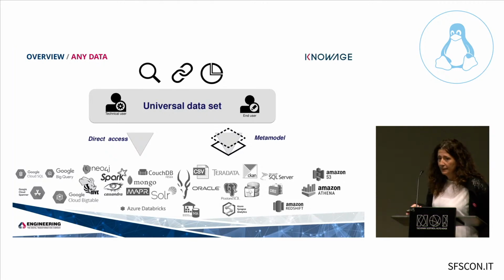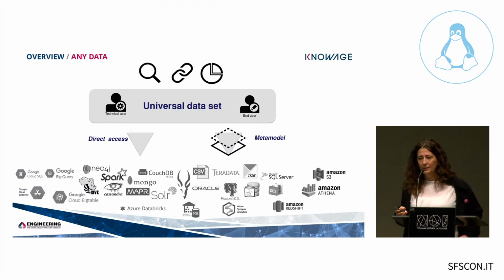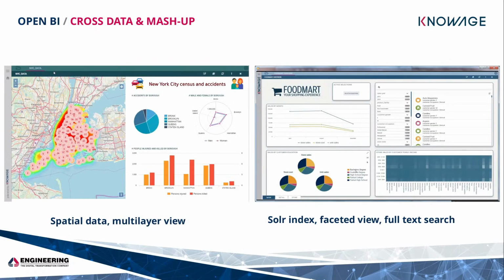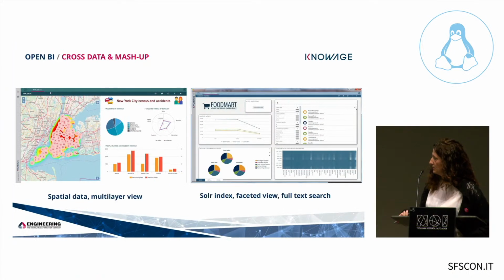The universal data set is one of the main concepts, the one that allows you to provide data that come from different sources in a direct way when provided by IT people, or using a meta model in the self-service path. Every time you can combine different data that come at the same time from different sources in a view, as in those examples.